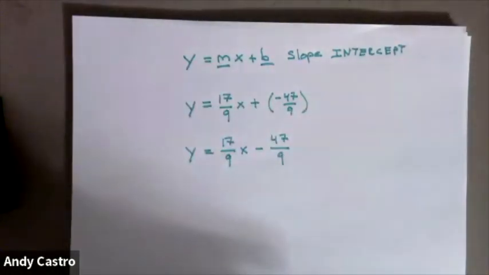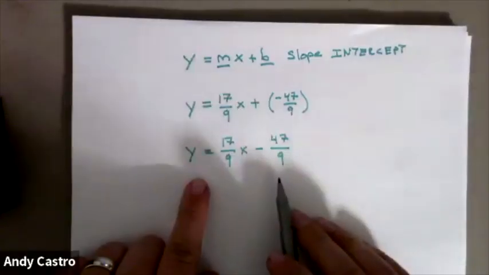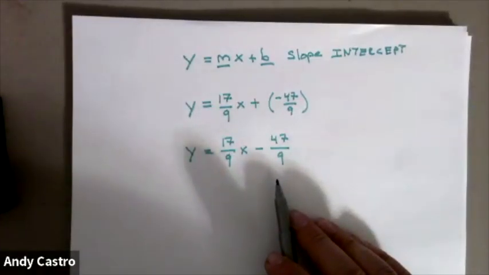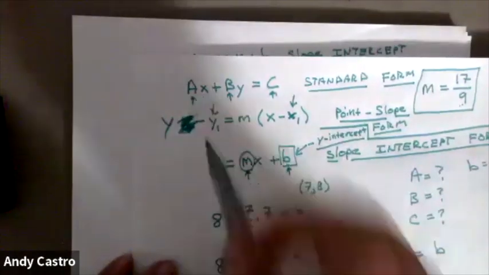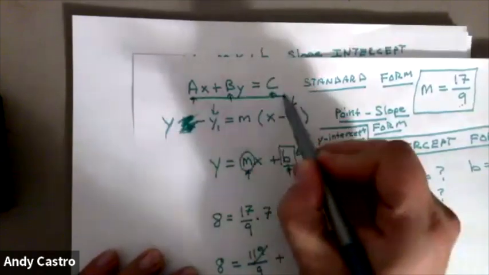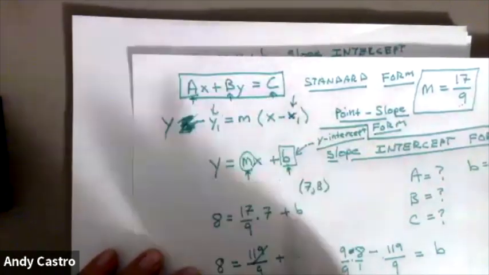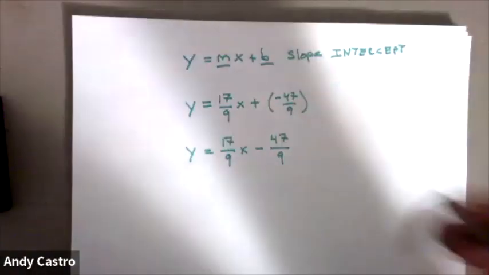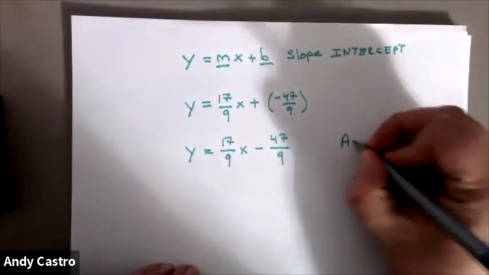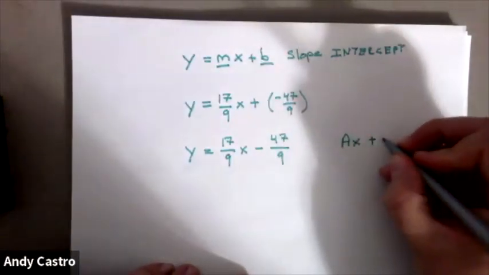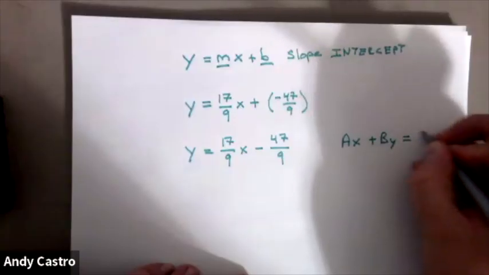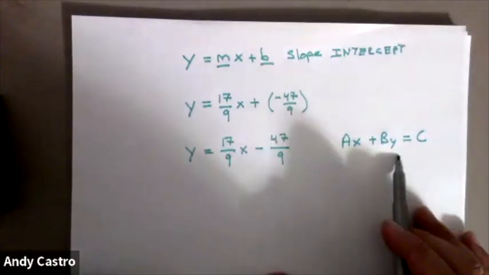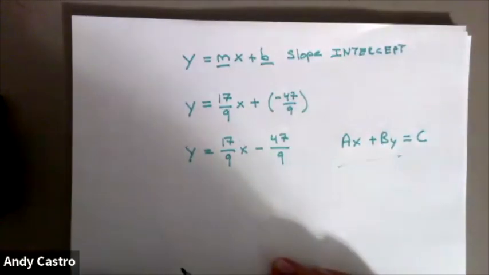All right. So now I have this in slope-intercept form. Now to convert to standard form, which is ax plus by plus c, all I have to do is put the x and the y on the same side of the equation and then make sure there are no fractions.